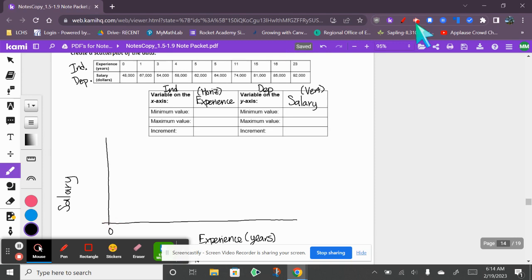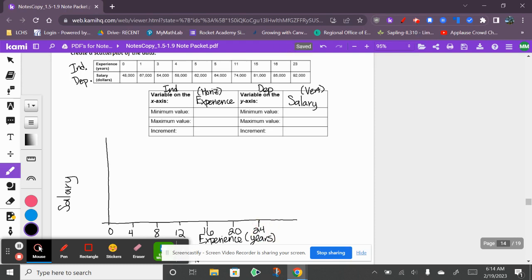And I could go by something like 4s or 5s. Any of those would be appropriate. I'm going to just go by 4s. And we want to go to at least 23 or higher.